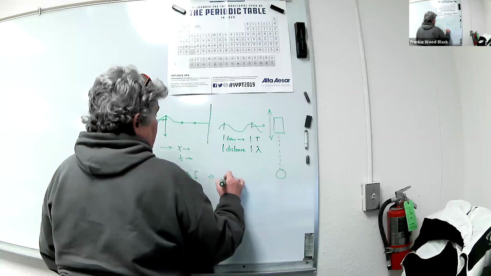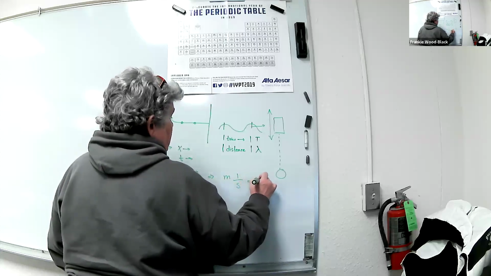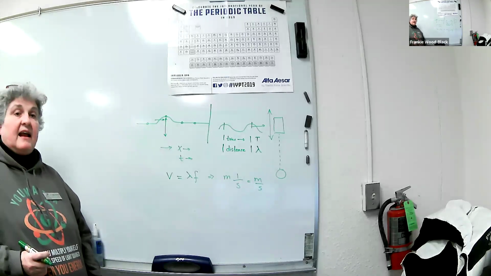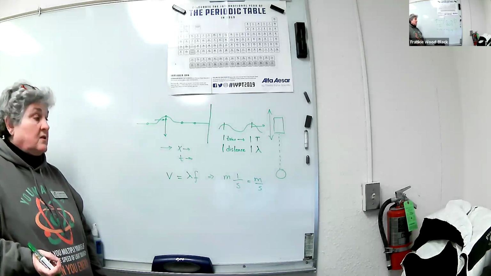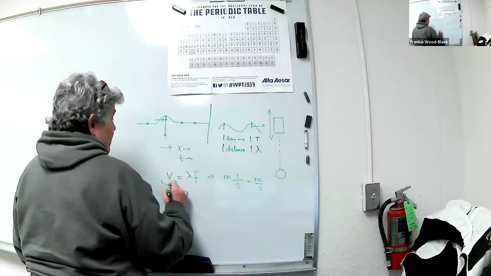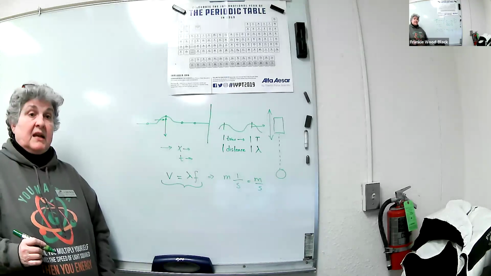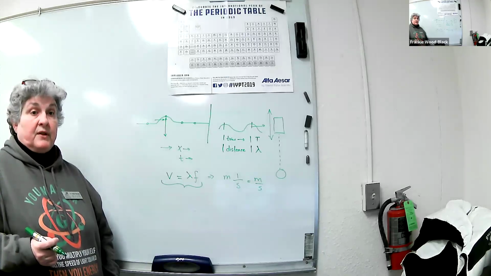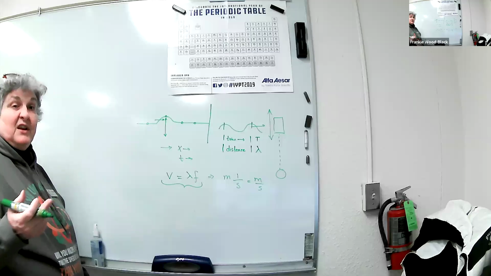So I've got meters and I have 1/seconds. I get meters per second. Check that out. I now have units of velocity. So my velocity of my wave as it's traveling through the medium is going to be just the frequency times my wavelength. So that's kind of an interesting one.